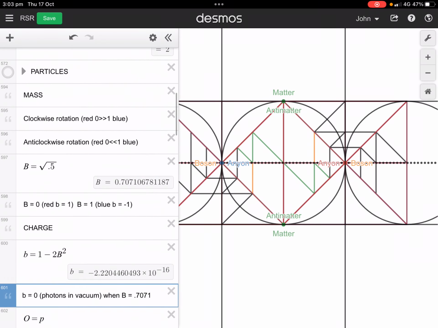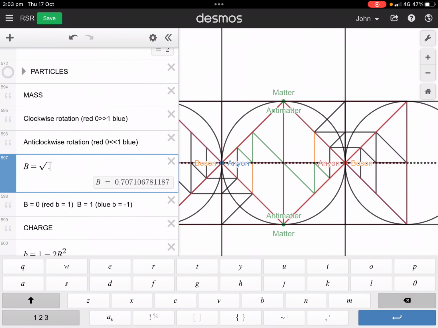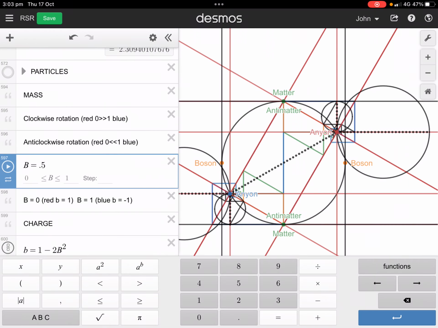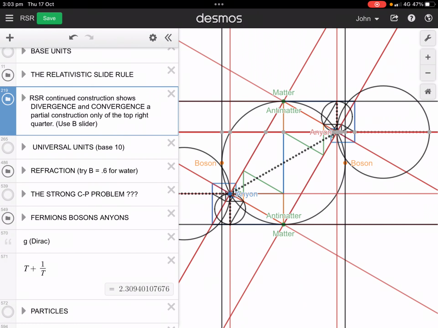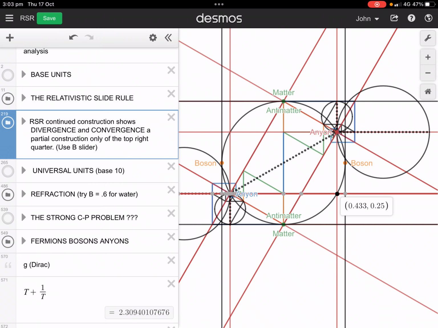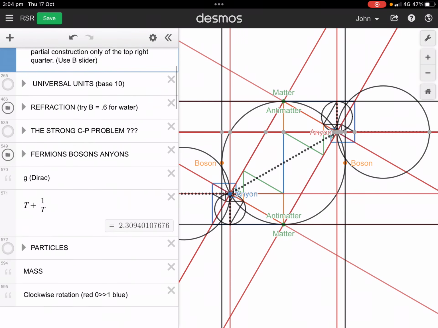But let's back it off a bit to say 0.5, and now b is from there to that red anyon, so it's got a value. And what is its value now?